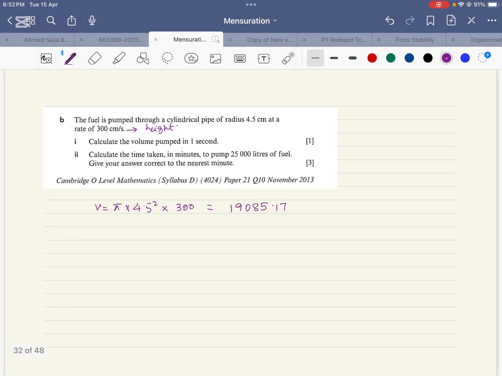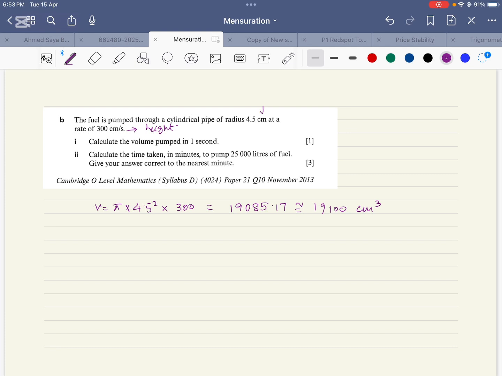We can round it off to the nearest 100. It becomes 19100 centimeters cube. Part 2. Give the time taken in minutes to pump 25,000 liters of fuel. Give your answers correct to the nearest minute.